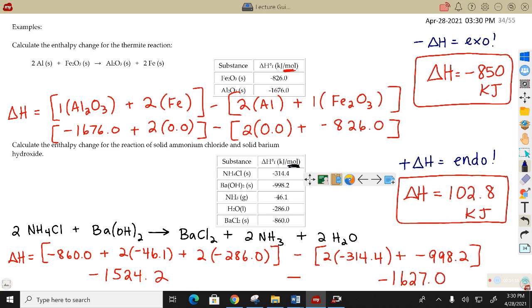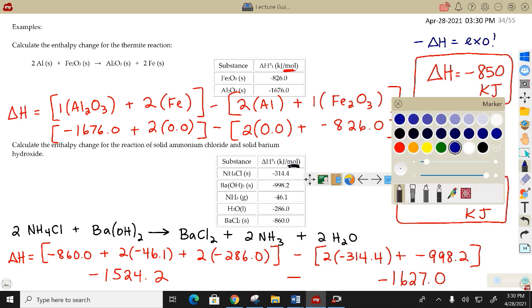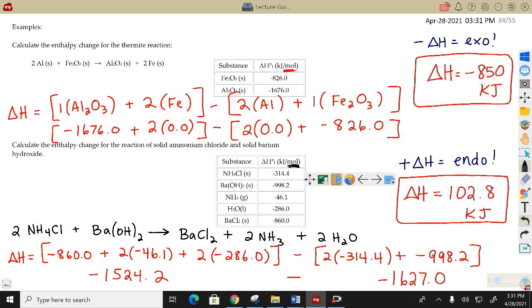With an endothermic change, energy is absorbed. I always think like energy in, endothermic. When energy is absorbed into a system, the surroundings are going to feel cool. So one way to think about it is, here's my beaker, and there's some kind of a reaction happening inside the beaker. When it's exothermic, the energy is exiting to the surroundings.